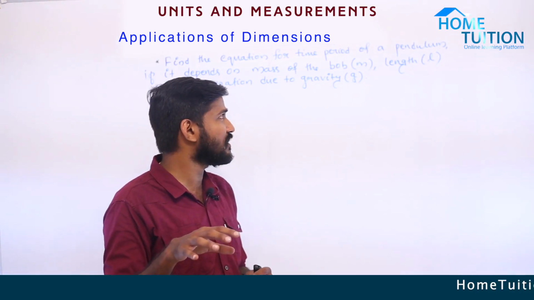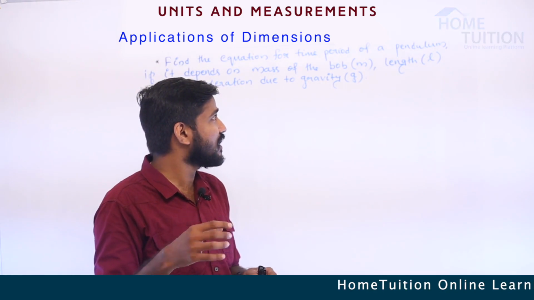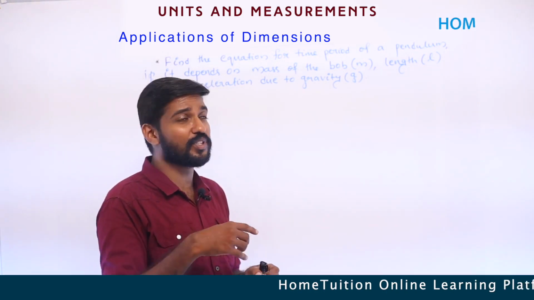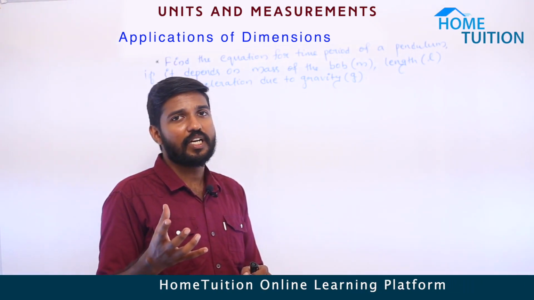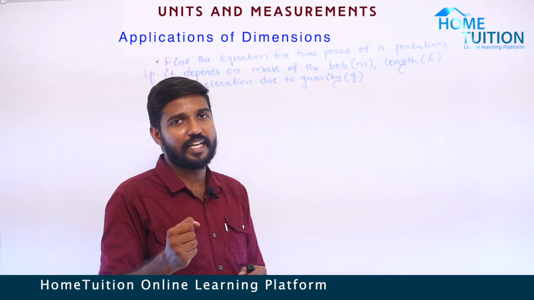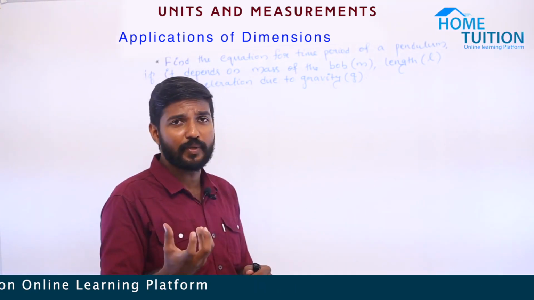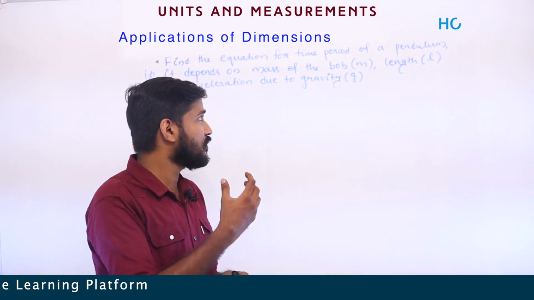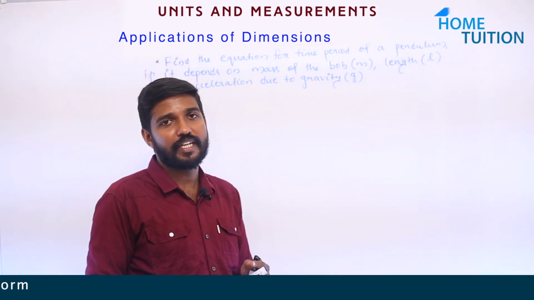But now we have to derive the equation for what? The time period of the pendulum. Okay, so the concept is based on dimensional analysis. The time period depends on the mass of the bob, the length and acceleration due to gravity.